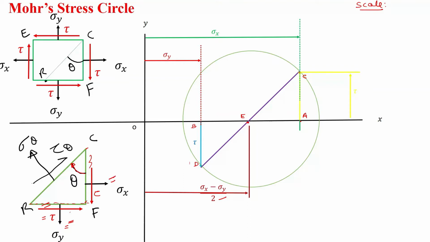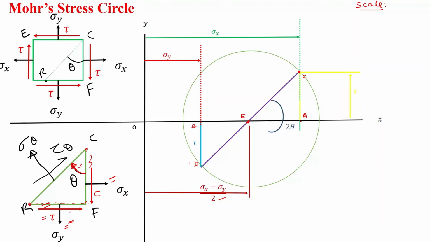So now as we know that we want to find out the sigma theta and tau theta at CR plane, and CR plane is inclined at theta angle in clockwise direction from CF plane, and in the Mohr circle CF plane is represented by EC. So on the Mohr circle in the clockwise direction we have to mark 2 theta angle.